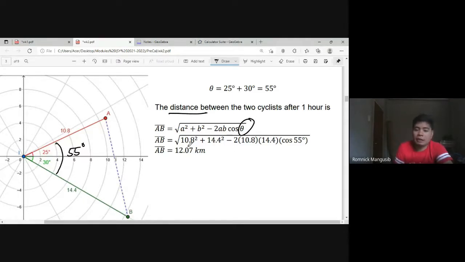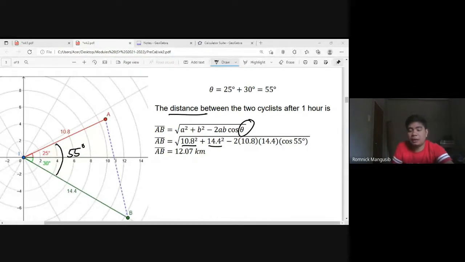Ang 10.8 at 14.4 ay ang dalawang distansya na kailangan mong mahanap, at iyon ay nakuha mo with the condition that after an hour. At ang ganitong problem ay tuloy-tuloy lang sa pag-move ang cyclist.